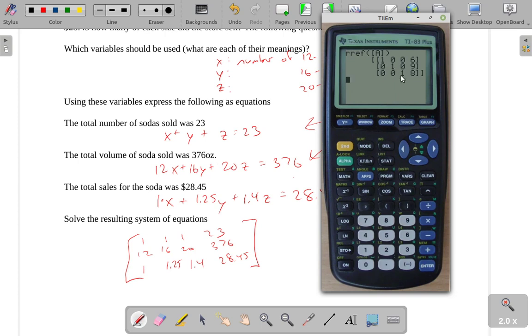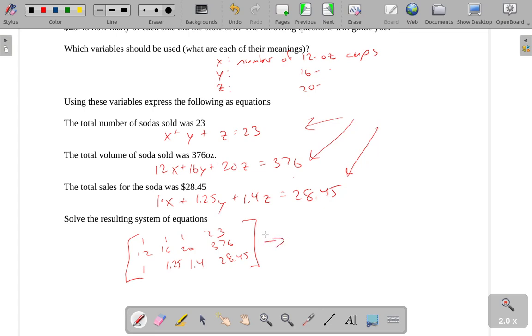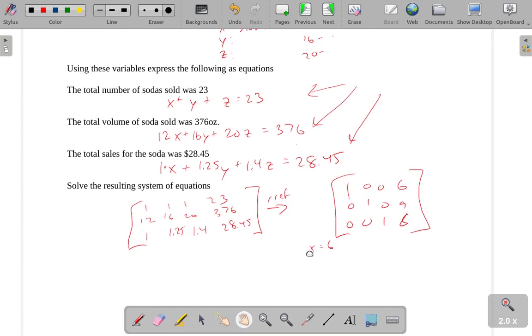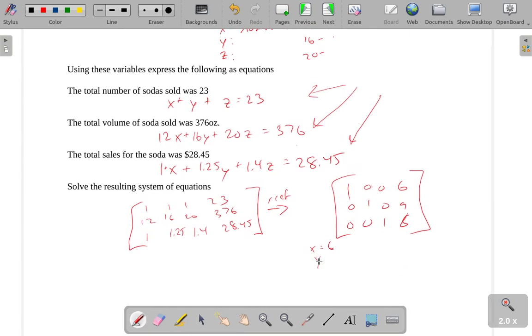Looks like we have 1s along the diagonal and 0s elsewhere, so this actually is a fully solved matrix. We get 6, 9, 8 as the numbers we're interested in. So that means x equals 6, y equals 9, and z equals 8.